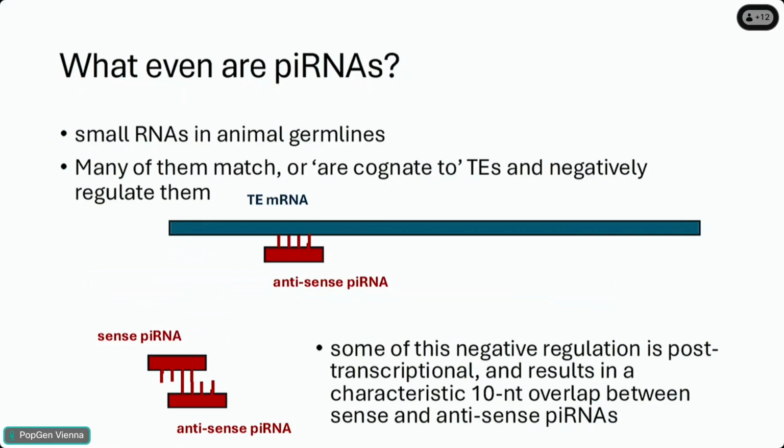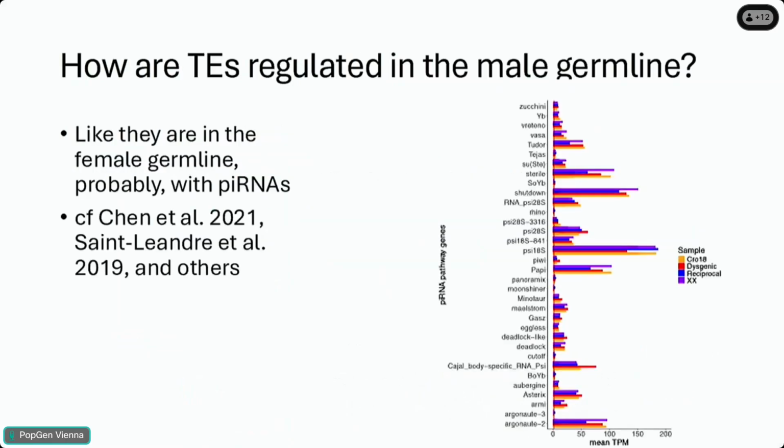Right. So some of this negative regulation that the piRNAs do is post-transcriptional. It chops up RNAs and results in a characteristic 10 nucleotide overlap between sense and antisense piRNAs. So when we look in our RNA-seq data for expression of these piRNA genes, we see lots of piRNA genes that are expressed.